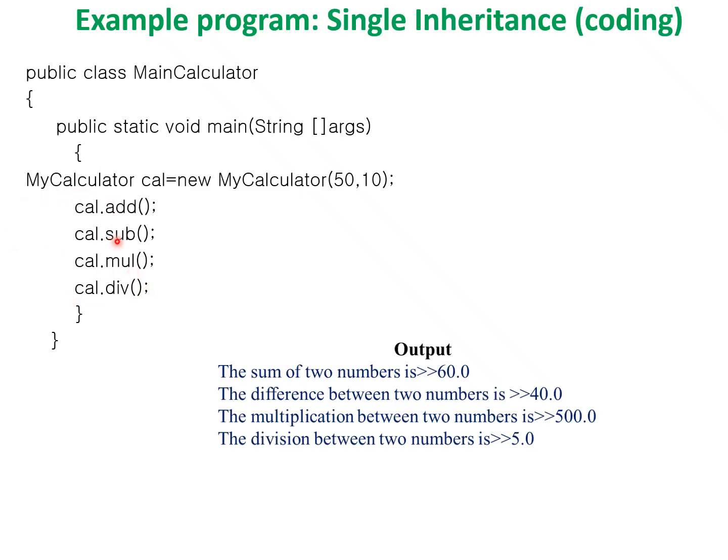Add and sub are in the Calculator class. We use the object to call the methods, and multiply and divide are in the MyCalculator class. We directly access these two methods. We inherit the add and subtract methods.